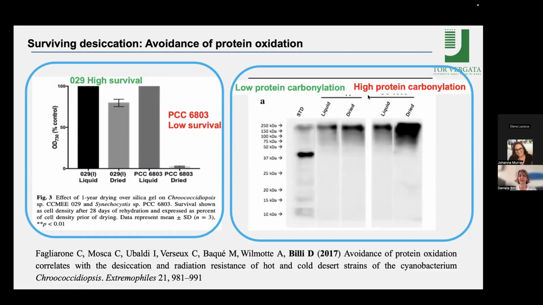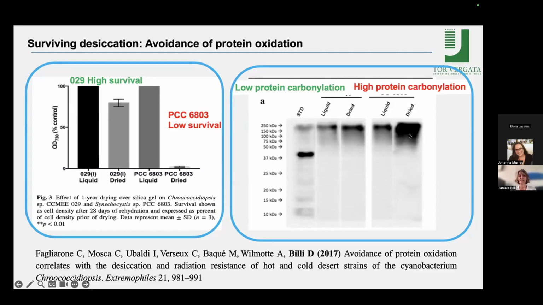If you look at the liquid state of both cyanobacteria, we have some background level of carbonylation, because oxidative stress is present anyway in this photosynthetic organism. But when we did the same after desiccation, we see that in Chroococcidiopsis there is no evident increase of carbonylation like we can see in Synechocystis.